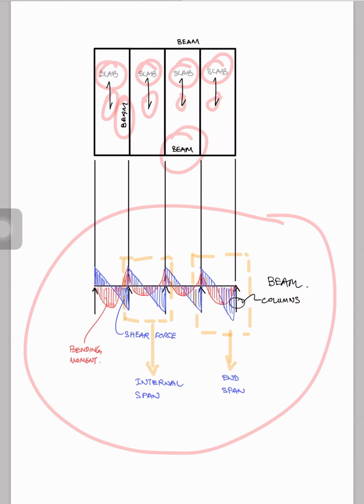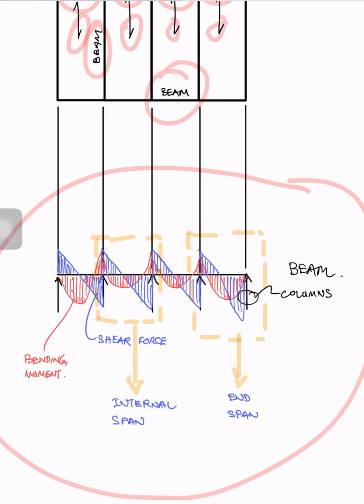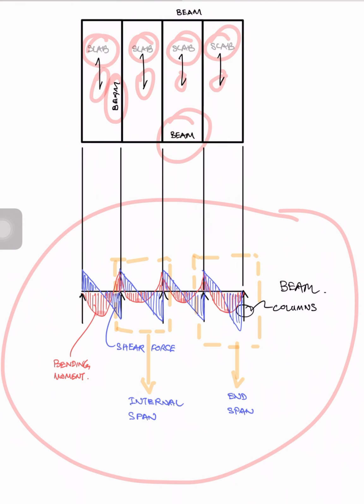For those who are not familiar, you will have to eventually, with lots of practice, understand how to do the free body diagram. However, I'll save that for another topic. Coming back to this topic, you would be able to see how this bending moment and shear force envelope is drawn for the continuous beam.